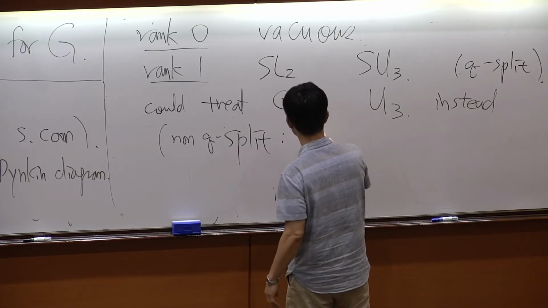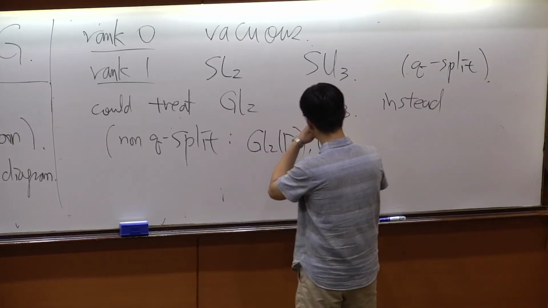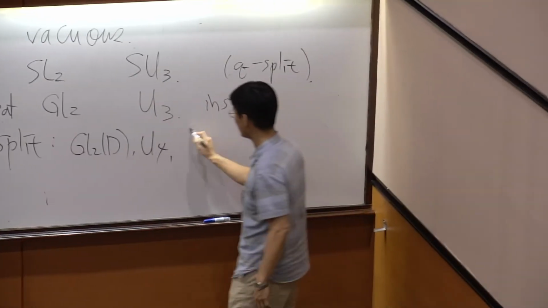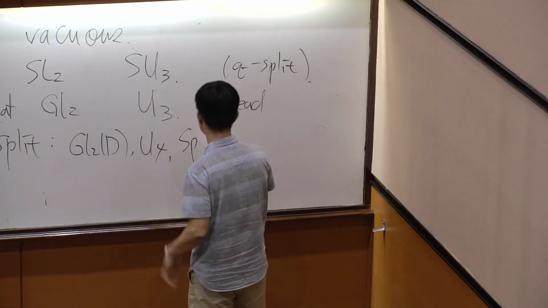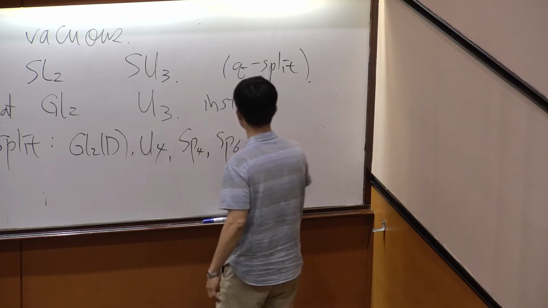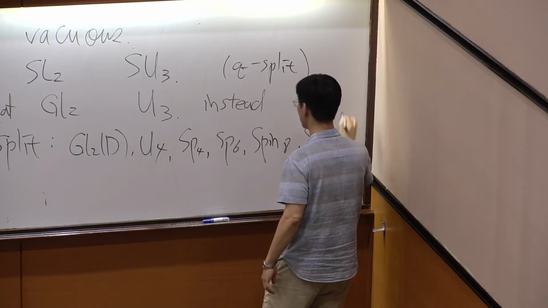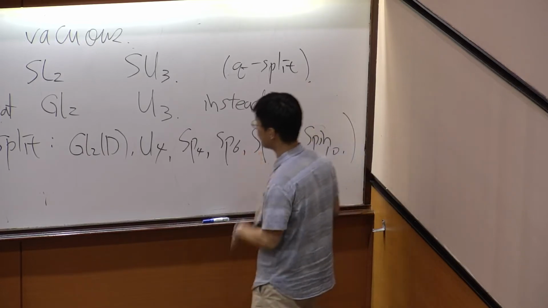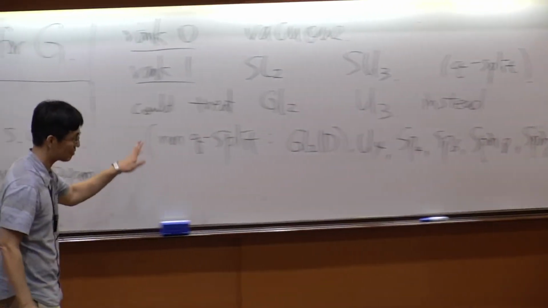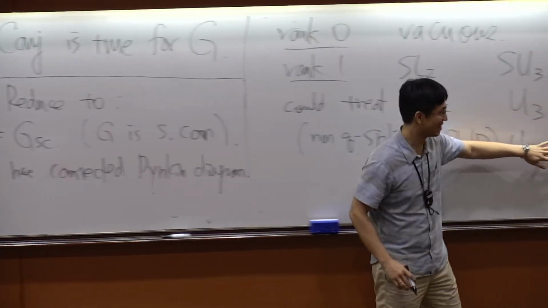I think things look like GL2 over a division algebra, non-quasi-split U4, non-quasi-split inner forms of, or possibly outer forms, SP4, SP6, Spin 8 and Spin 10, or something like this. I may have missed a few, but there are some things you don't want to look at.